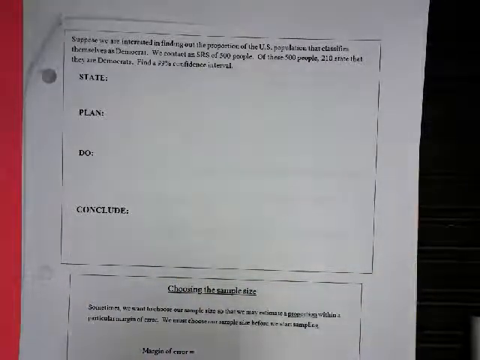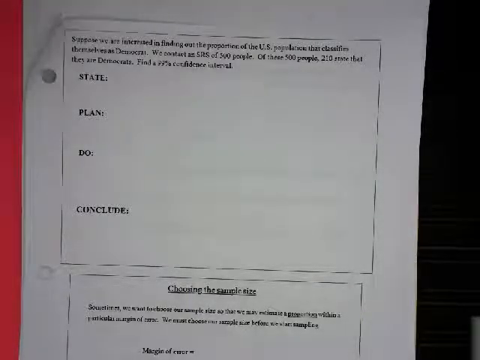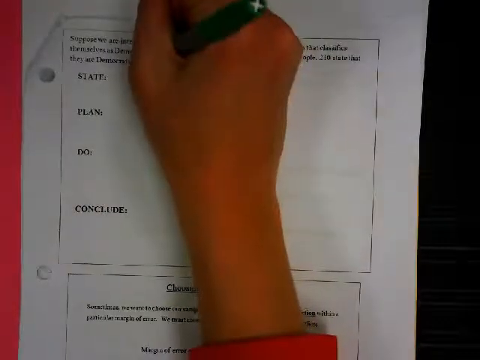We contact an SRS of 500 people. Of these 500 people, 210 state that they are Democrats. Find a 99% confidence interval. Why did I switch it up? Because it's not always 95, and you guys know how to find your z-star.